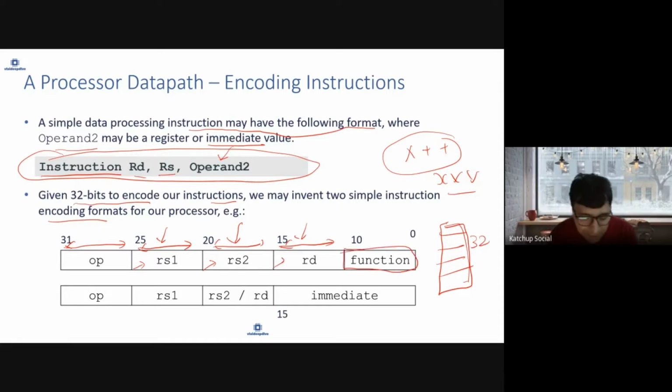Sometimes the opcode decides what operation you are going to do. Sometimes the opcode can be the same, and then additional information is given in the function field to do that operation. This is the case when the two operands are registers.